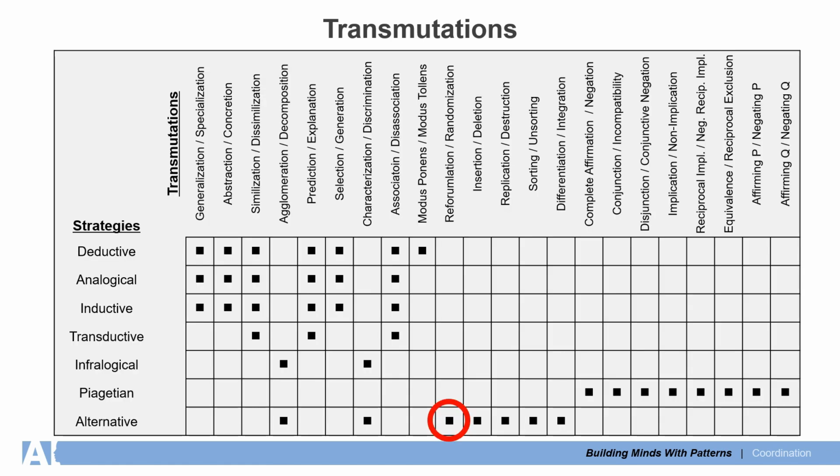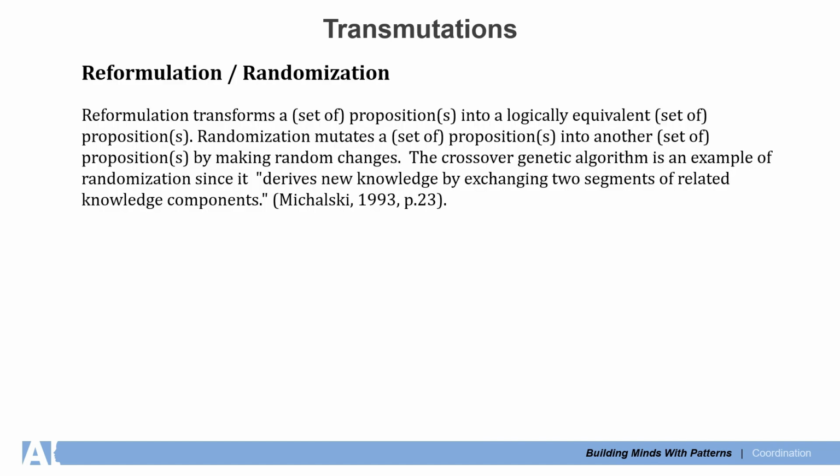Reformulation and randomization is an alternative transmutation. Reformulation transforms a set of propositions into a logically equivalent set of propositions. Randomization mutates a set of propositions into another set of propositions by making random changes. The crossover genetic algorithm is an example of randomization, since it derives new knowledge by exchanging two segments of related knowledge components.